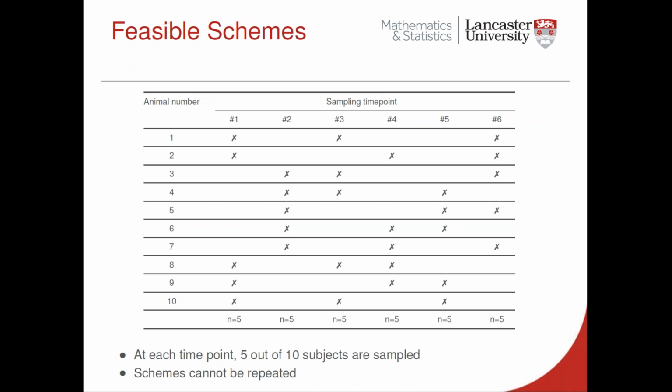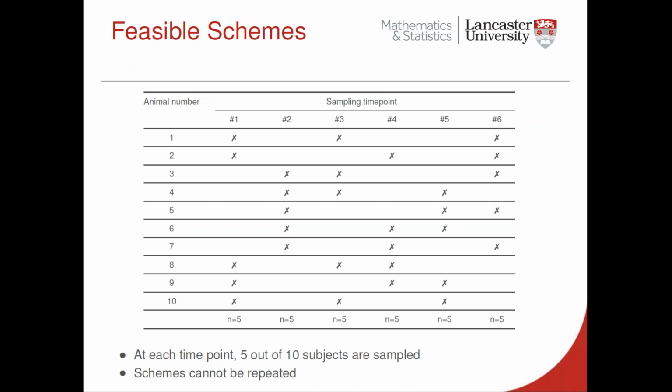And we're going to make the additional assumption that schemes cannot be repeated. So the scheme for animal 1 is going to be different from the scheme for animal 2, and so on and so forth. Obviously, your choice of what a feasible scheme is will depend on your context and your question.